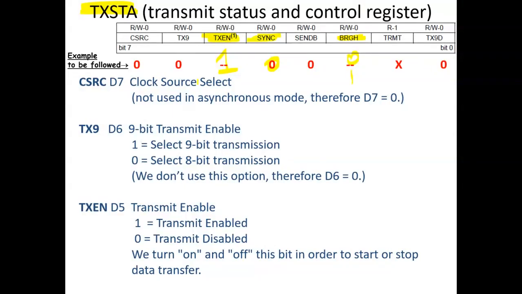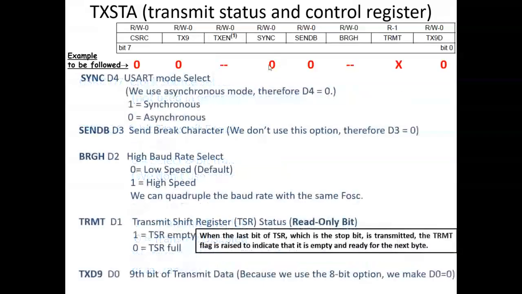Here the clock source select, we are not using because we are in asynchronous mode. TX9, we are not using because generally we have 8 bits of data. The TX enable here is very important. If you are sending the data, this bit should be 1. If you are just receiving, you can make it 0. The synchronous bit here is 0 because generally we are using asynchronous mode.